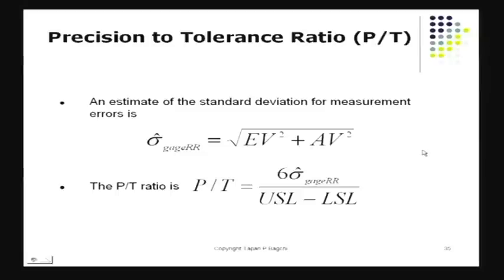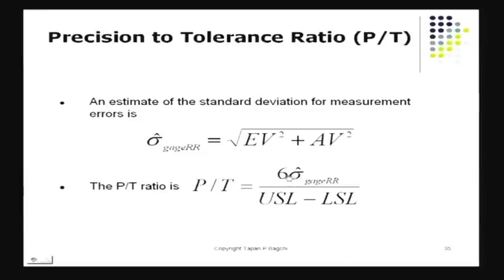Now, there are some other ratios also which are used by industry. This is exactly the same formula that we had before. The only thing we've done here is get the estimate of the variation contributed by equipment and also by the operator. This precision to tolerance ratio is also shown here.